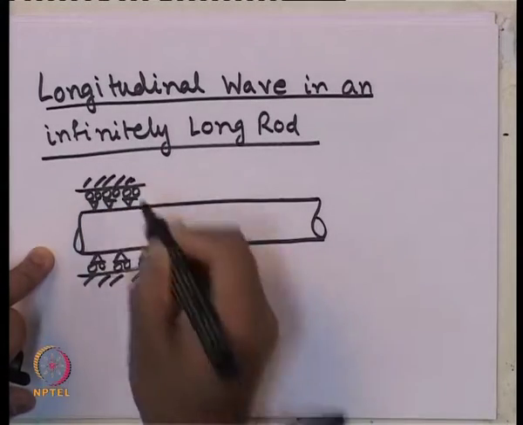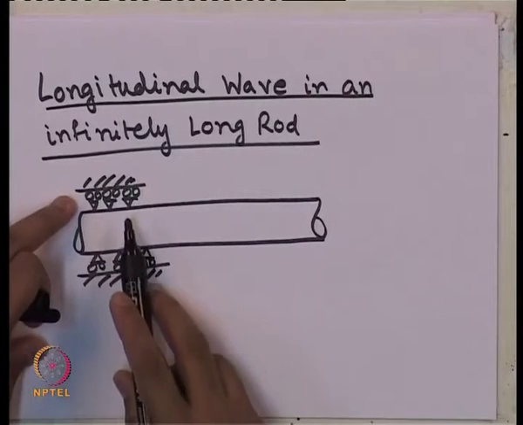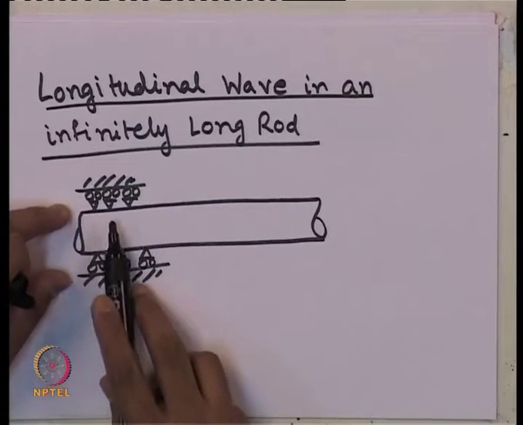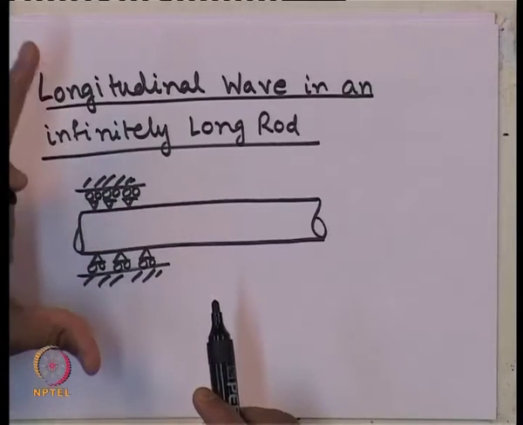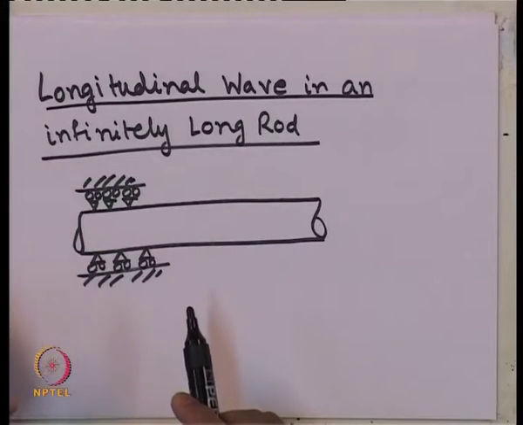that is, what does it mean? We have put the roller connection to the surfaces of the rod, so that it cannot expand in this direction.